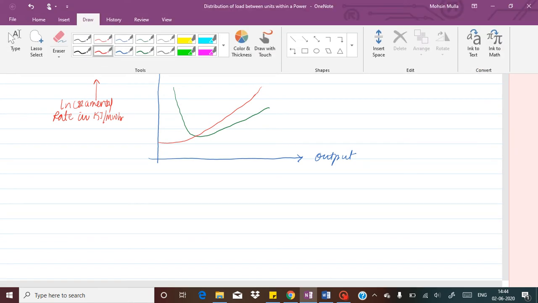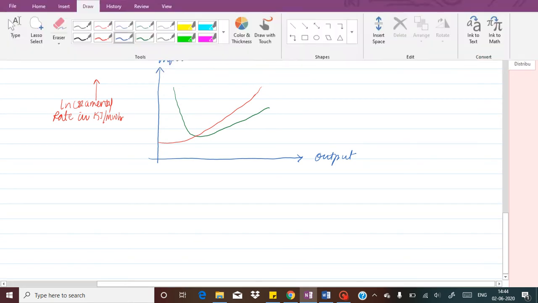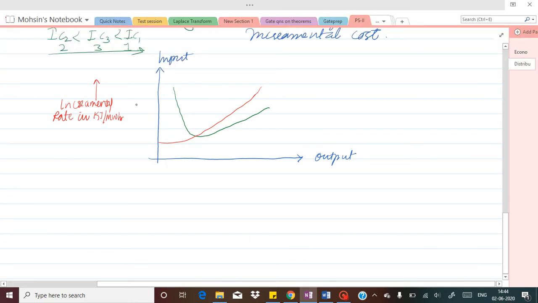And the first one is the heat curve. Per kilowatt hour. Okay, so now here the two curves are going to intersect at a particular point.